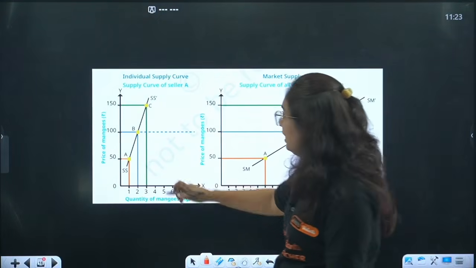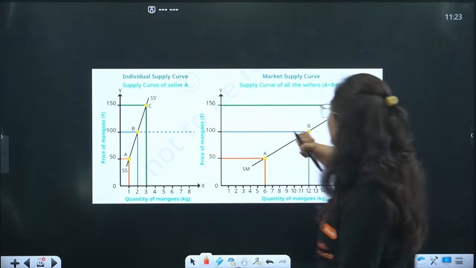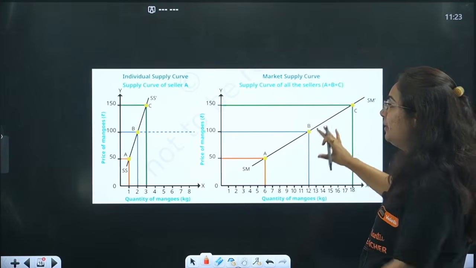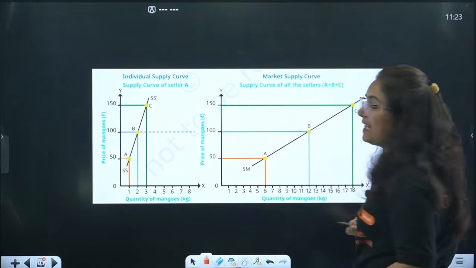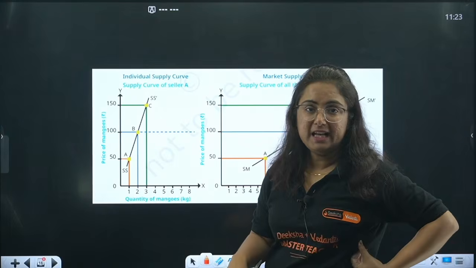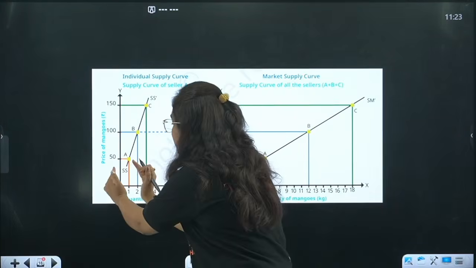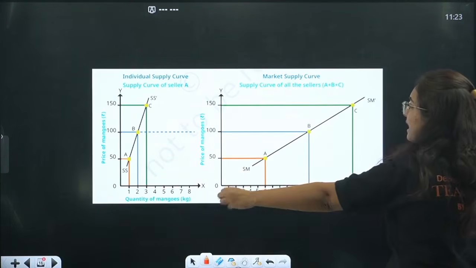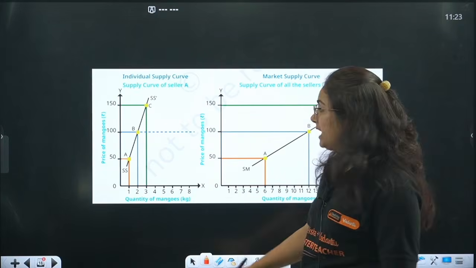Now, this is the individual supply curve and this is the market supply curve. I hope you can analyze the difference, as it was the same in the demand curve too. This one is more shrunk and this one is more elaborate.